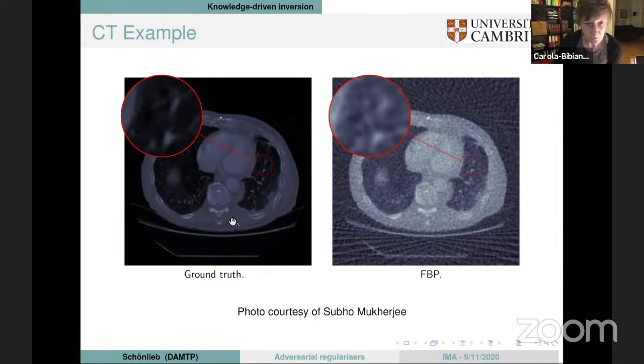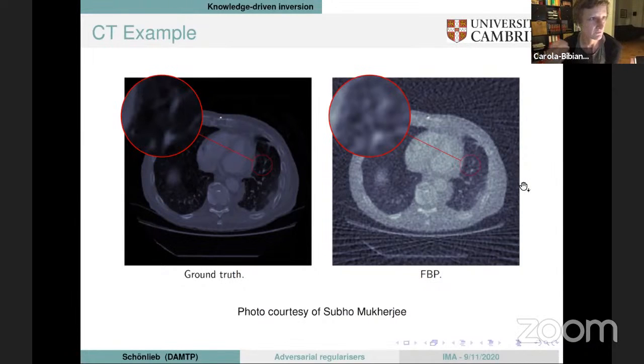Then you reconstruct via what is called filtered back projection, which you can also think of as a minimal norm solution, where you minimize the L2 squared fit to the data, plus an L2 norm constraint.